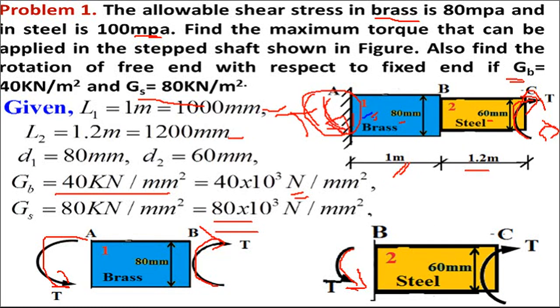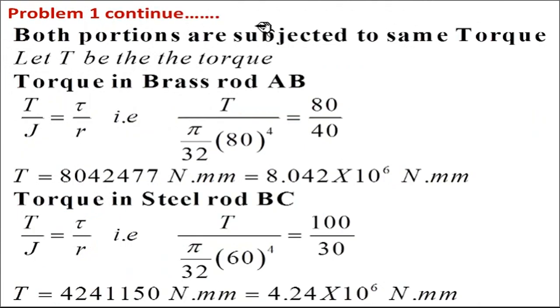Okay, now here shear stresses are given. So as shear stresses are given, let T be the torque in the shaft, and using the torsion formula, T by J is equal to tau by R. So keeping T as it is, J is pi by 32 d raised to 4, for bar AB.